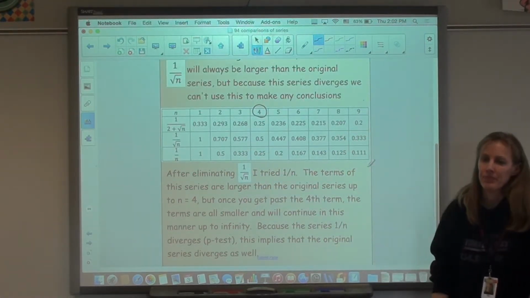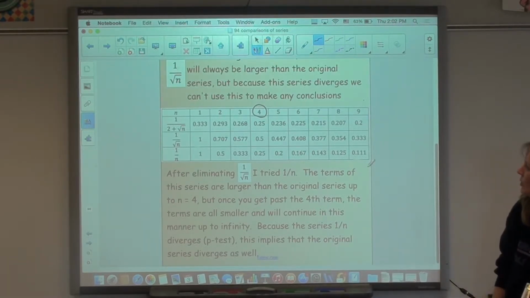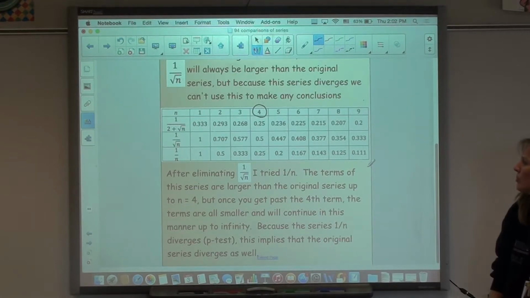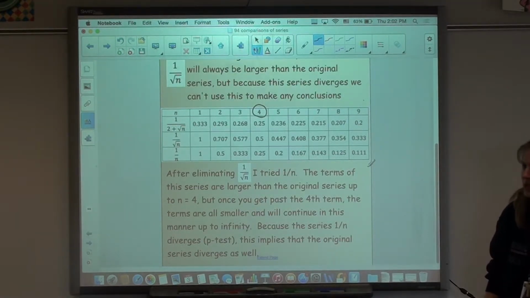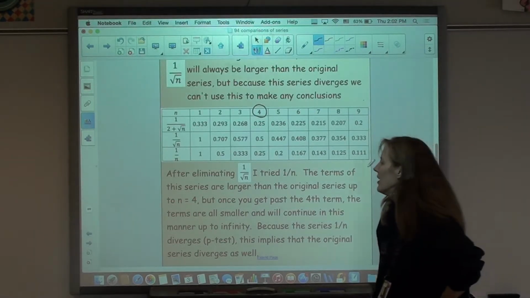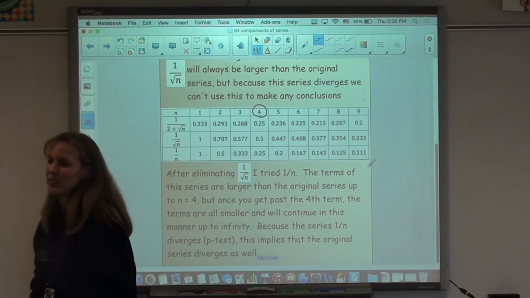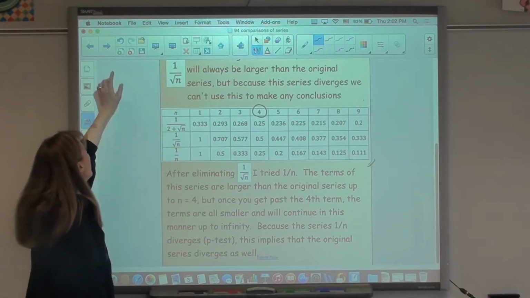You can't do whatever. That's actually what I tried. I thought the root n would eventually win over the 2, but I don't know. Or you could just look at the numbers. You're going to try different things and see. Good try, guys.